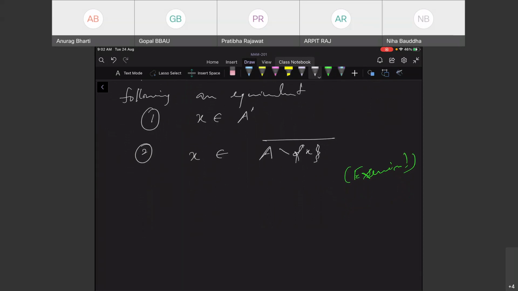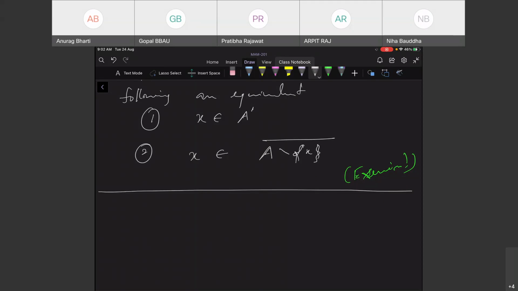Now, here is another one. We defined closure as the smallest closed set containing A, or we said that we take all closed sets that contain A and then take the intersection.